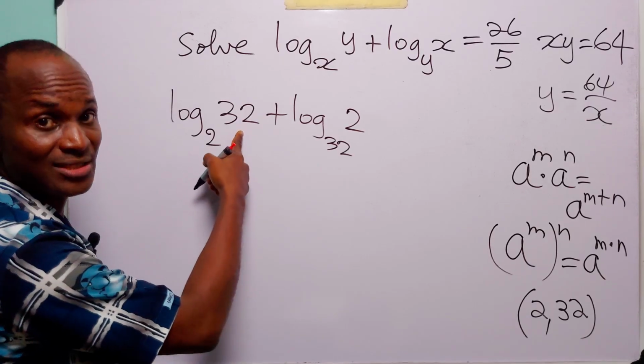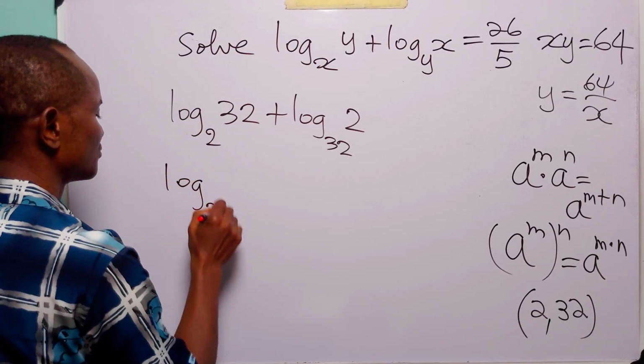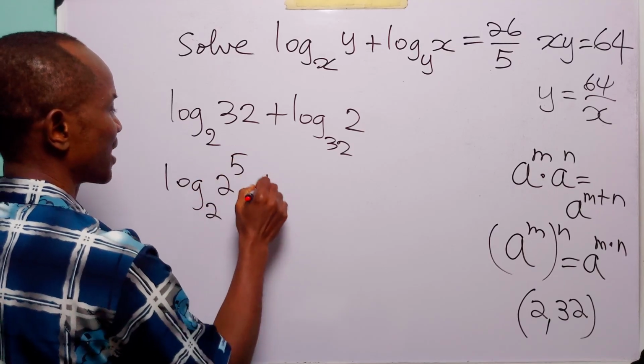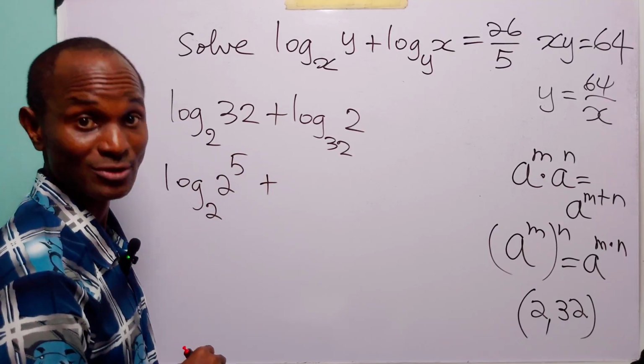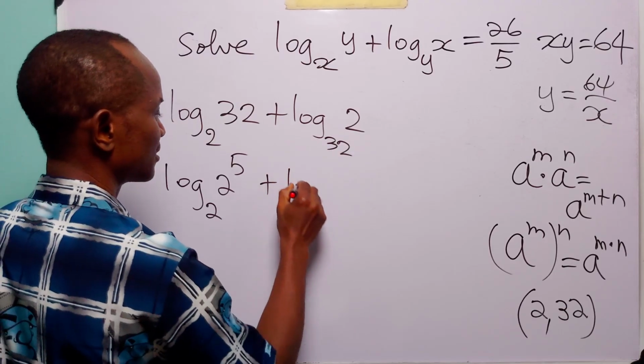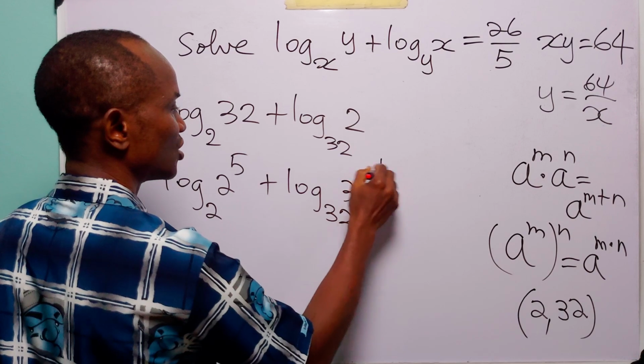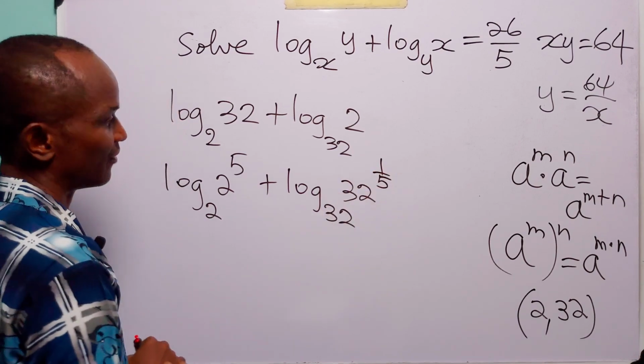But of course, you know that 32 is 2 raised to power 5. So this is log to base 2 of 2 raised to power 5. And of course, you know that 2 is the 5th root of 32. So this is log to base 32 of 32 to the power 1/5.